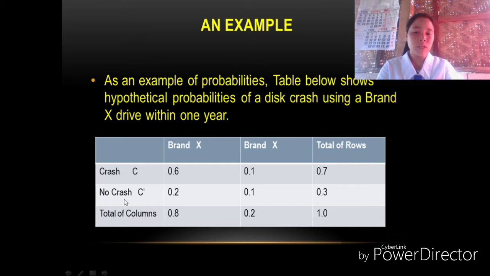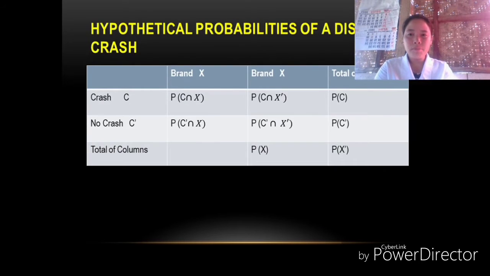So, sa no crash C na pod, 0.2 plus 0.1 equals 0.3. The total of columns 0.8, 0.2, then 1.0 ang total of rows. So ang ikaduhang example sa hypothetical probabilities of a disk crash is gipambutangan na siya og mga probabilities.